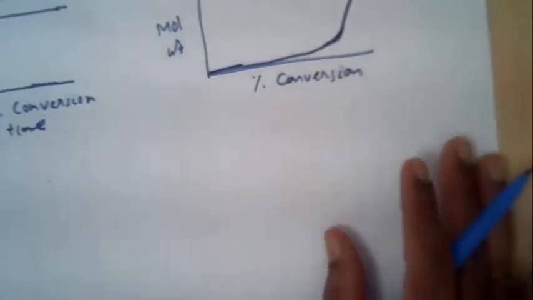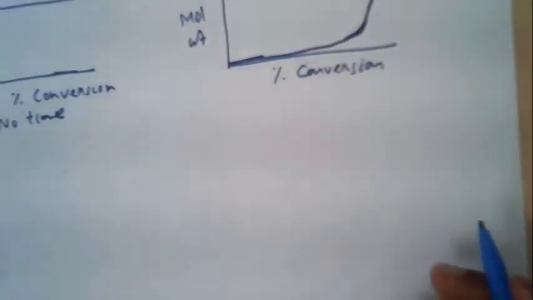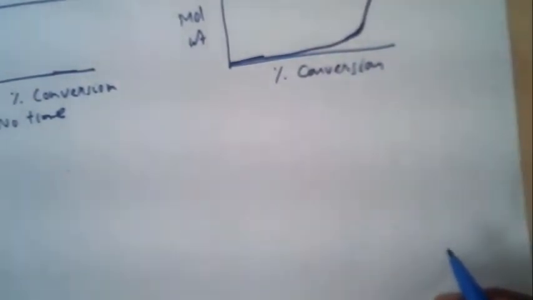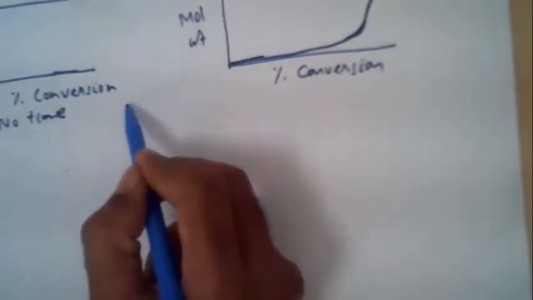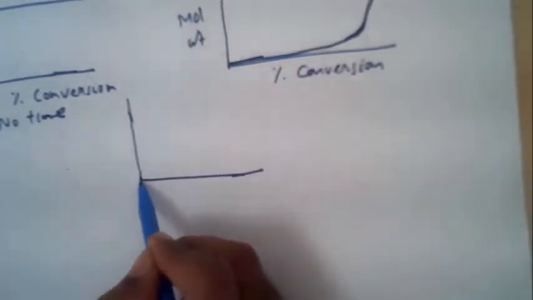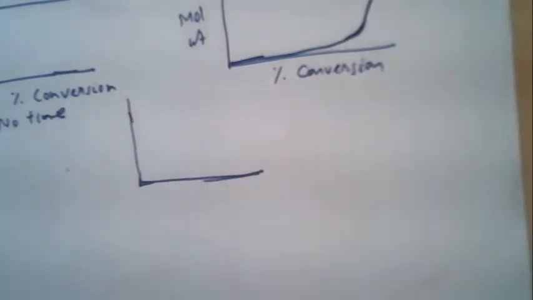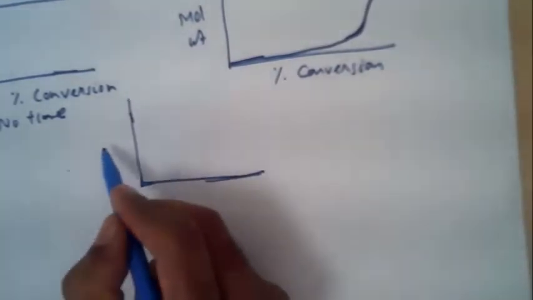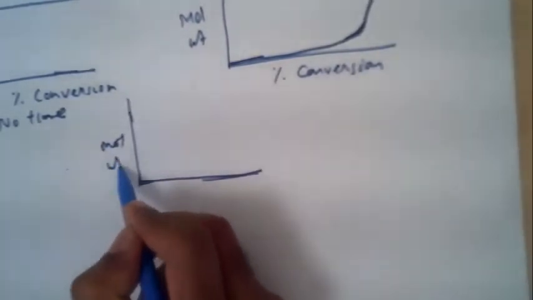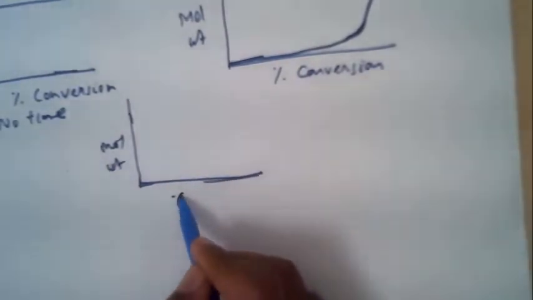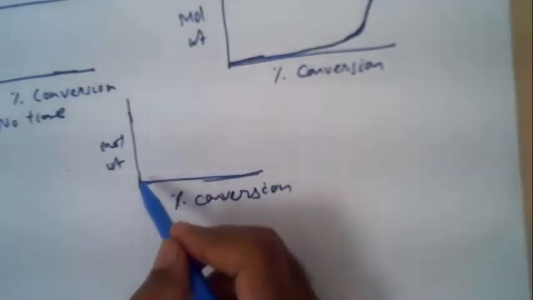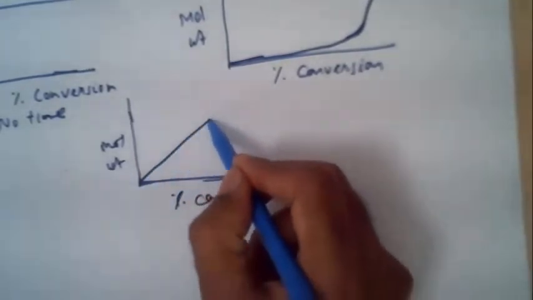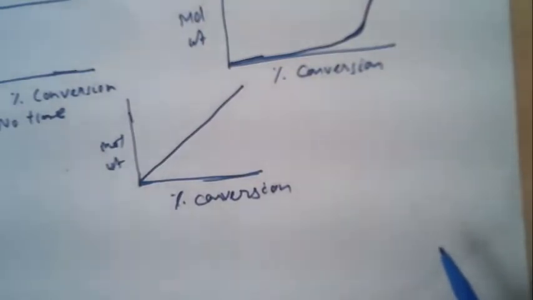And in some polymerization reactions it happens slowly and steadily until all the monomers get consumed. In that case, the reaction will proceed something like this.